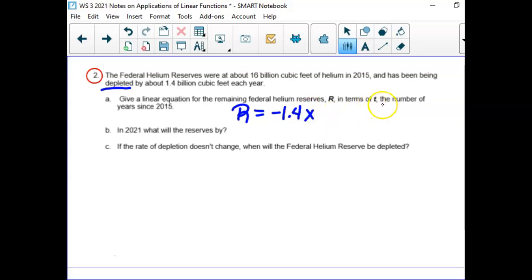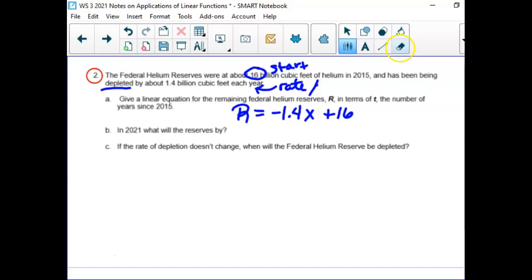And in terms of the number of years since 2015, well, what did it start with in 2015? 16. So that one was just fill the numbers into the equation because it gave us the starting value in 2015, and then it gave us the rate or slope here.